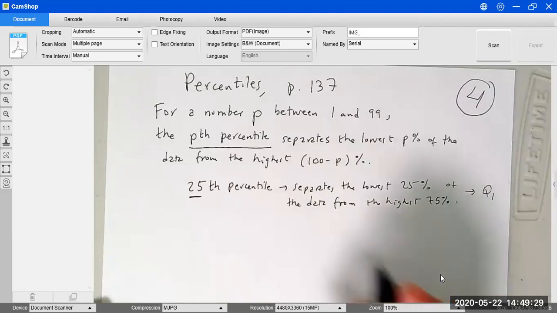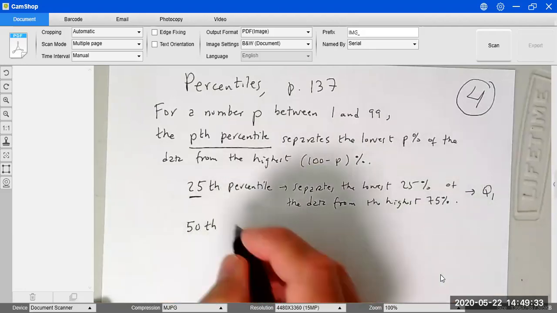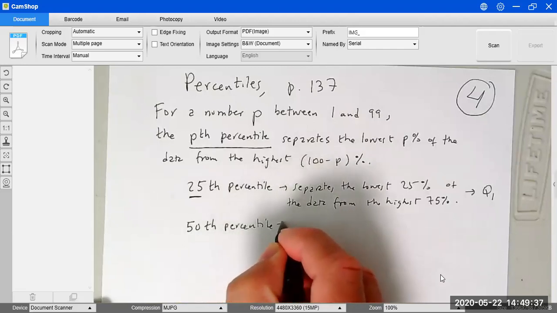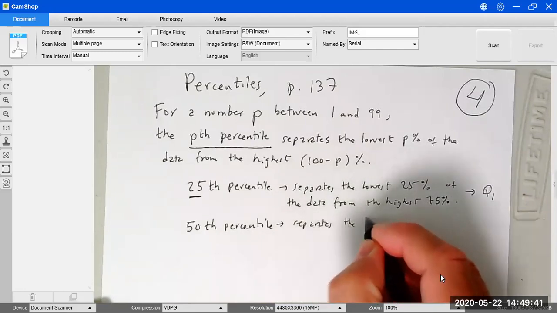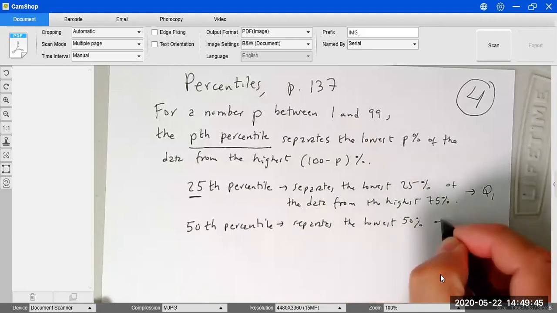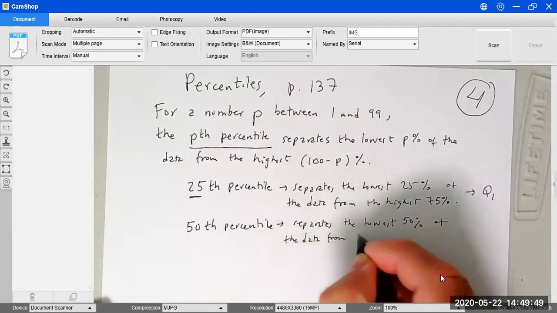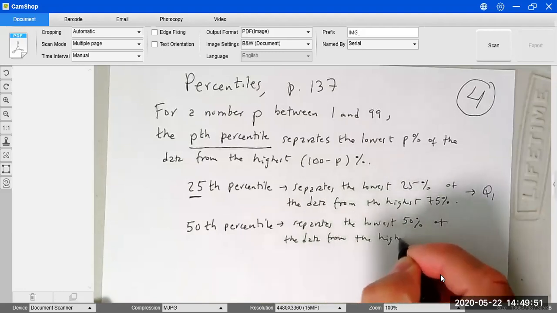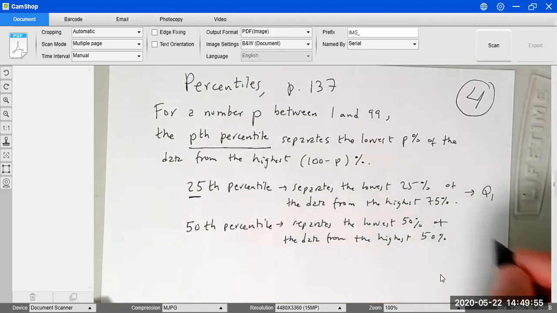And we have a similar definition now in terms of percentiles for the third quartile and for the second quartile. So for example, the 50th percentile is going to separate the lowest 50% of the data from the highest 50%, because 100 minus 50 is also 50. What is this?